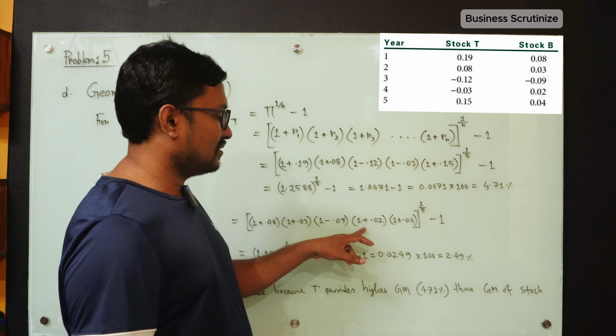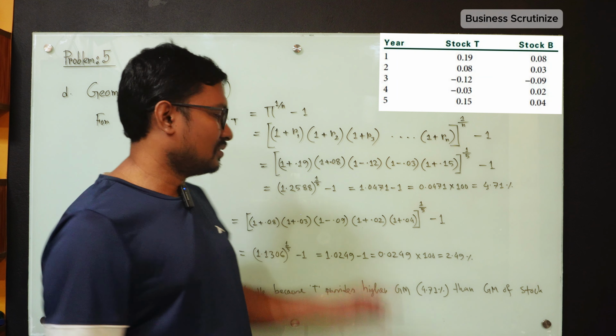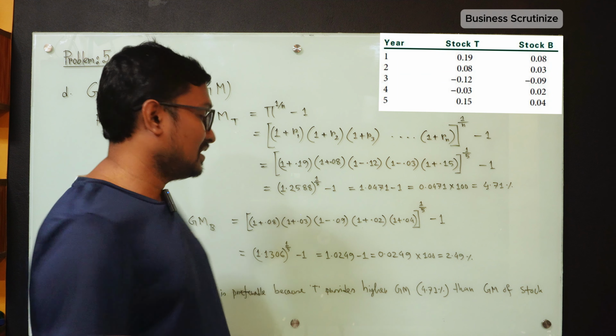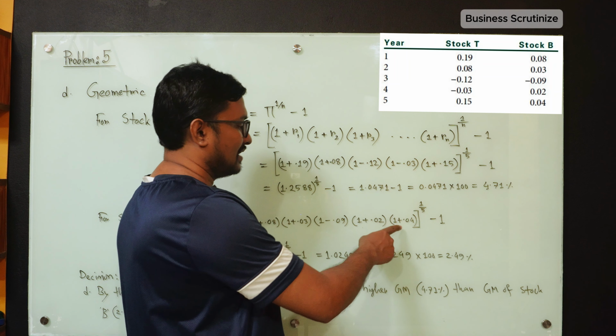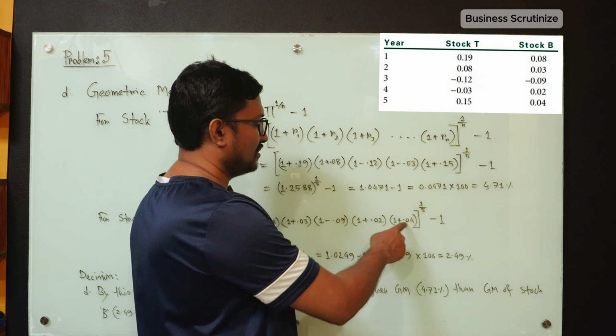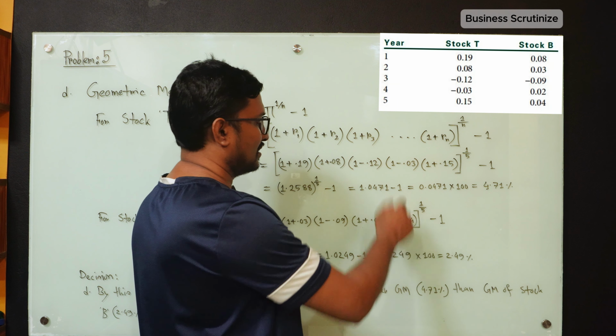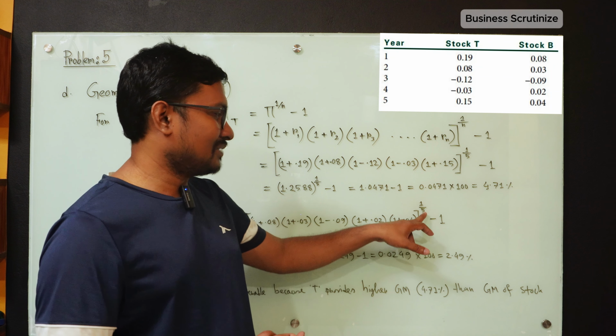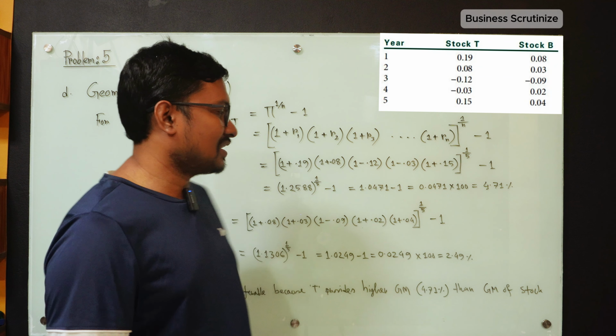And next year it is 1 plus 0.02, the fourth-year return, and last year it is 0.04, so 1 plus 0.04. We have a total number of years of 5, so we write 5 here, then we subtract 1.